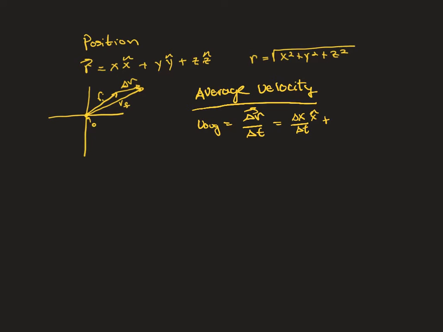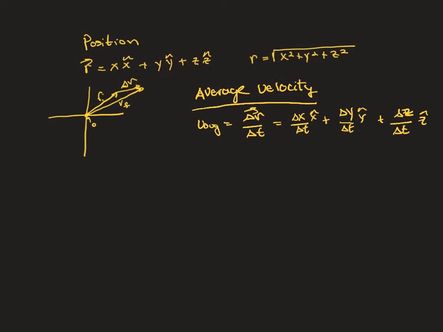And then you can do the same thing in the y direction, plug in to the y position function time, do the subtraction, and then divide by the change in time, and that would give you your y component. And then the same thing in the z direction, where you would take your z position function, plug in time, do your final z minus your initial z, then divide by the change in time, and that would give you your z component.